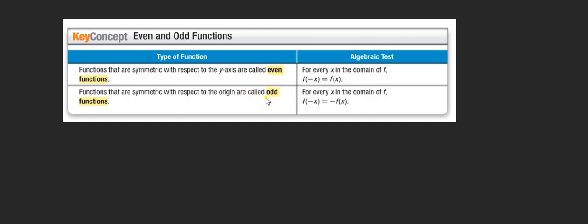When a function is odd, when you plug in negative x instead of x, you'll get negative f of x. And we'll look at some examples. But notice, we're not talking about any symmetry with respect to the x-axis because they're not functions. Only graphs that are symmetric with respect to the y-axis and origin are functions.